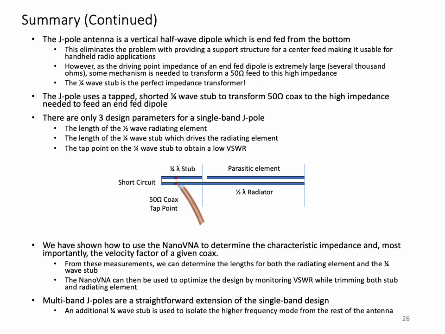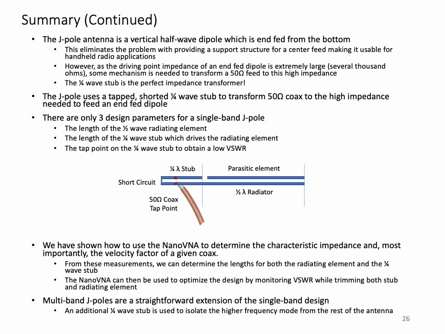As far as the J-pole is concerned, the J-pole is essentially a vertical half-wave dipole, which is end-fed from the bottom. This eliminates the problem associated with the support structure for center feed, making it usable for handheld radio applications. However, as the driving point impedance of an end-fed dipole is extremely large, on the order of 3,500 to 4,000 ohms or so, some mechanism is needed to transform to a 50 ohm feed from this high impedance.